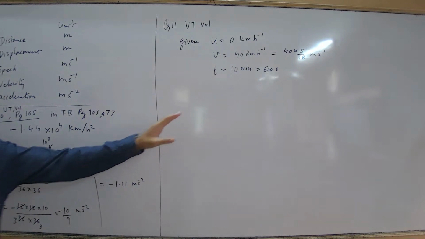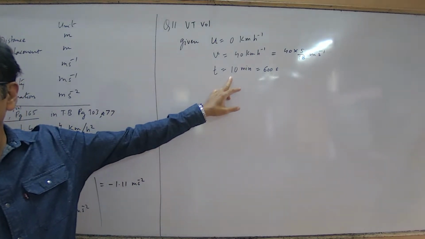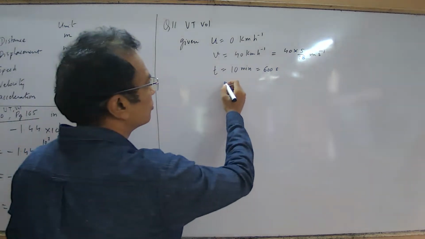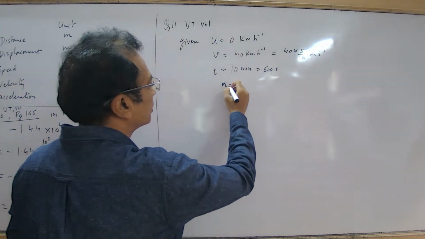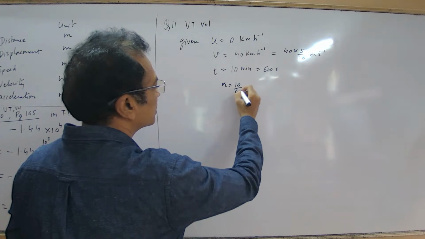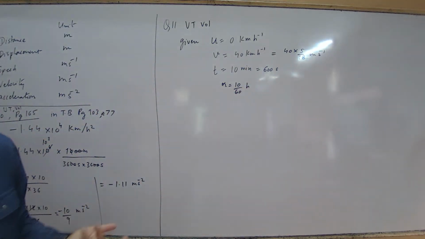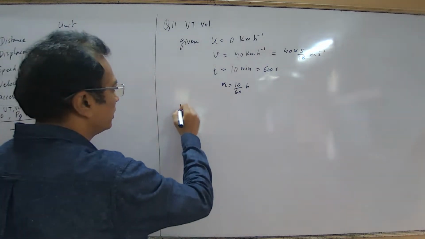Either way, or you can divide this by 60. Okay, what do you want to do? So both ways we can try. Or 10 divided by 60 hour. Correct? So whatever answer you want.